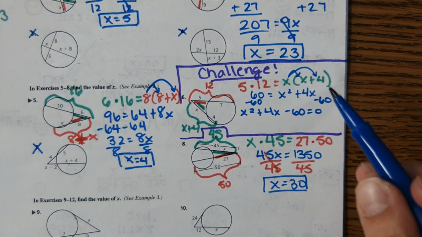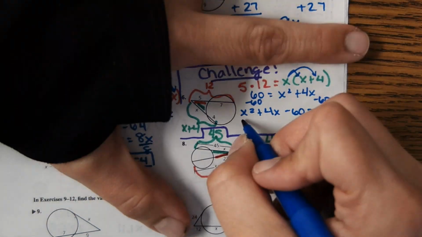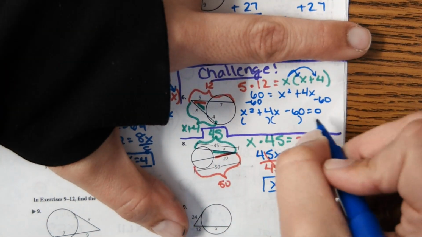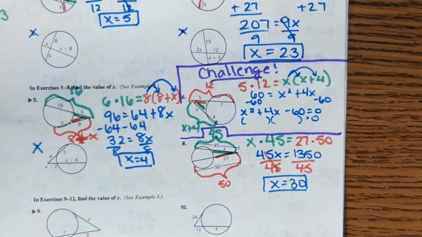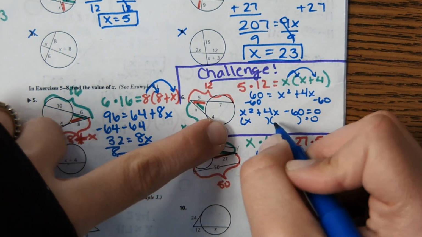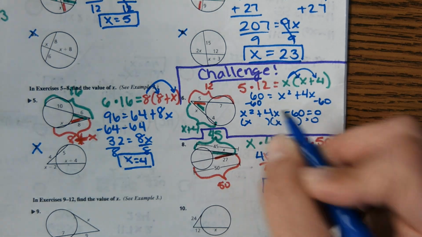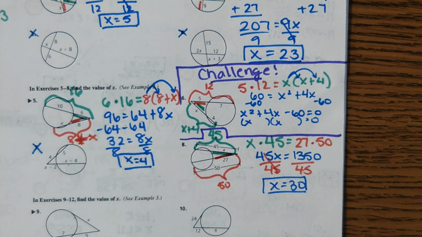You may recognize this from algebra. Now what we have to do is break this into factors that look like this. So we'll put an x here and an x here, and then we need two numbers that multiply to negative 60 and add to 4. So you'll think about what that is.